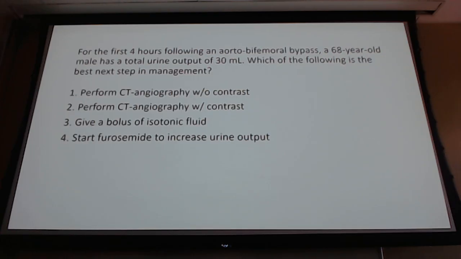All right, for the first 4 hours following an aortobifemoral bypass. So what is that? Basically, they bypassed from the aorta to the femorals. A 68-year-old male has a total urine output of 30. Which of the following is the best next step in management? What do you want to do? Think back to our peri-op lecture for block 1.